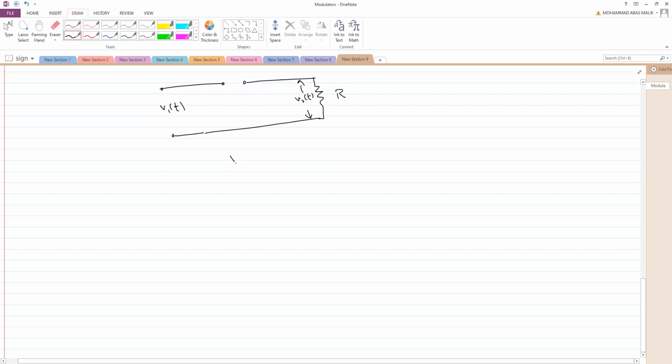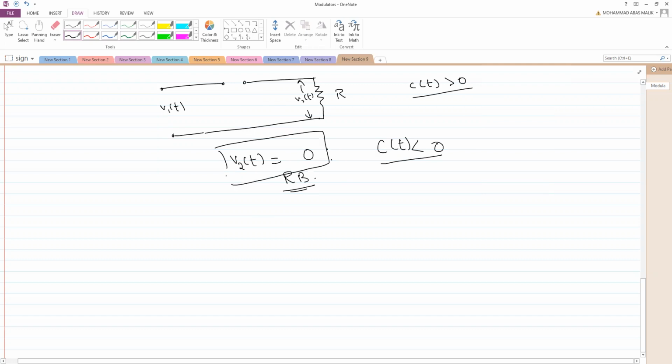We can say that V2 of T will be equal to 0, because when cos omega CT value is less than 0, the diode is reverse biased, and it was forward biased when the value is greater than 0. You have to remember that. So in this case, the reverse biased diode acts as an open circuit, so V2 of T will ultimately be equal to 0. The diode shows infinite impedance, and ultimately you will not get any signal.